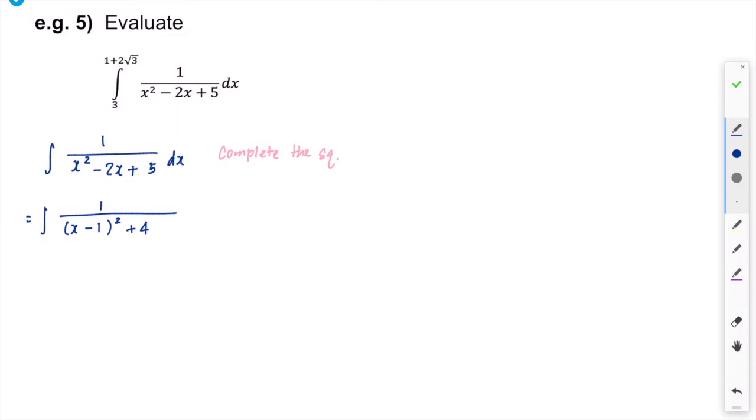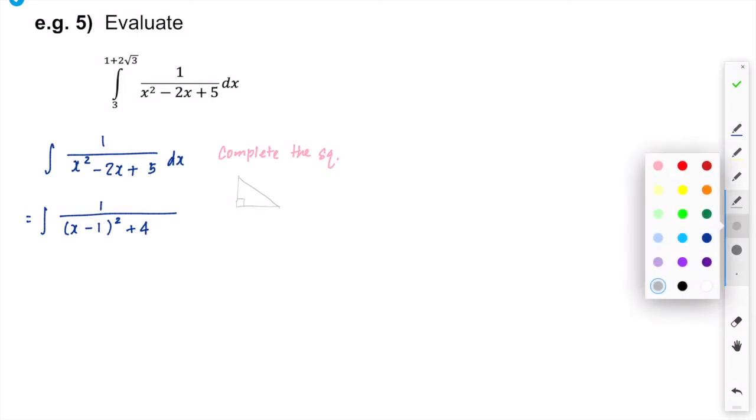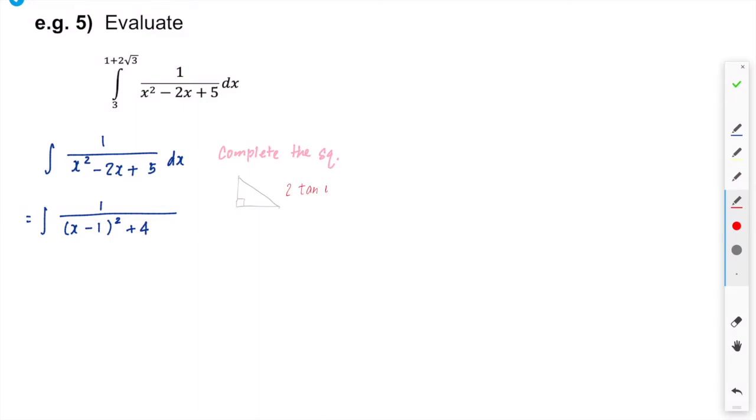There we go. So now we can pull out the famous diagram, the right triangle. Since we have the addition of the two terms, I'm going to do 2 tan u equals x minus 1.